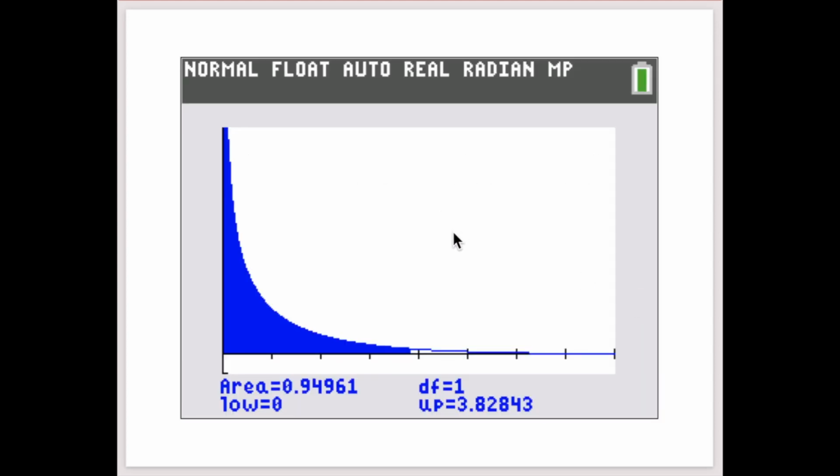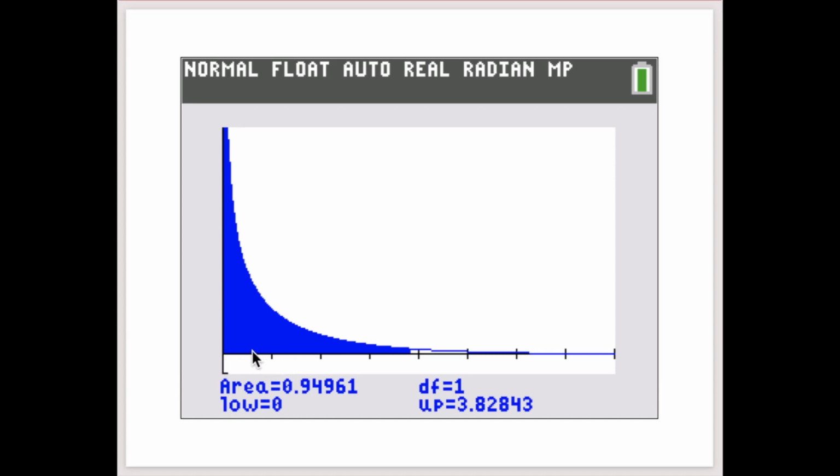Here is a picture of the chi-square distribution with 1 degree of freedom, and the mean of this distribution is 1, so it's located right here. What we're doing is looking at the probability that the random variable takes on a value within 2 standard deviations of the mean. Because this distribution does not have any support to the left of 0, when we go 2 standard deviations to the left, there's no probability to the left of 0, and so we can stop at 0.